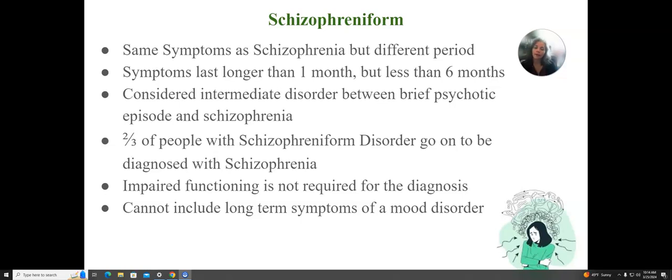You don't have to be fully impaired, right? And also it can't be a mood disorder, so there's kind of this eliminating criteria in terms of the length of time for other schizophrenia diagnoses. You also have to eliminate that it's a mood disorder. So it can't just be associated with the mood.